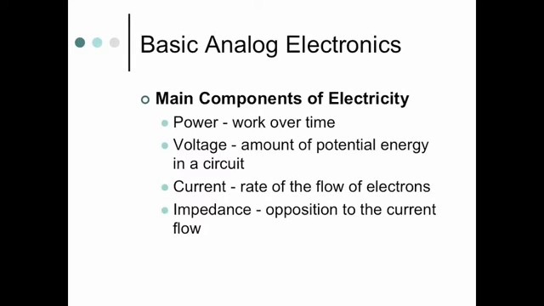Impedance is the opposition to the current flow and is frequency related. So you have high frequency or low frequency. It changes how much it impedes the flow of the electrons. If you think of our garden hose example, it impedes how much water flows through the hose. Resistance is also that same sort of resistance to water flow, but it's non-frequency related.